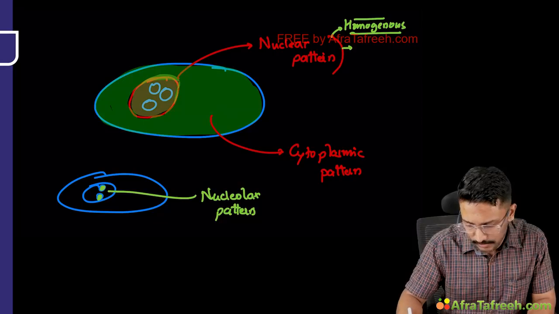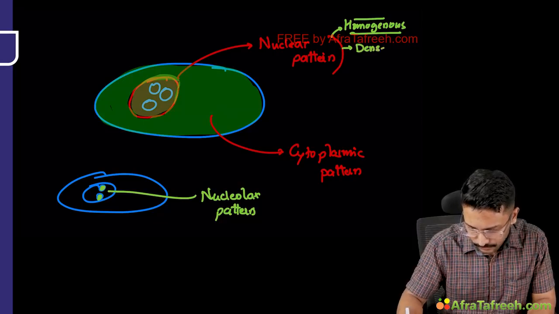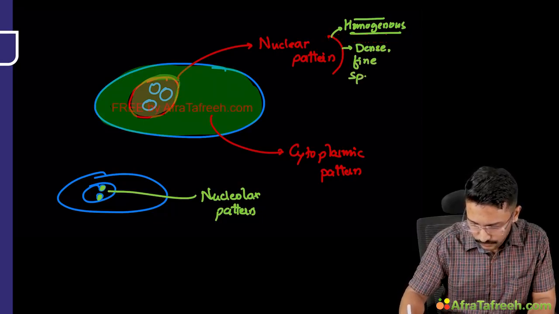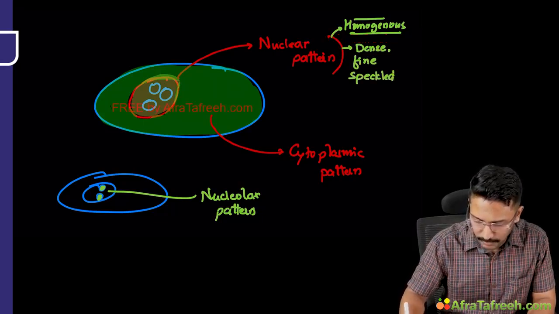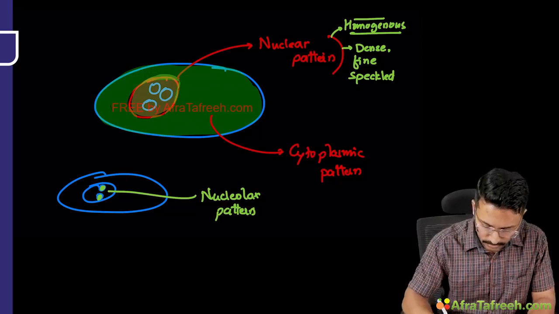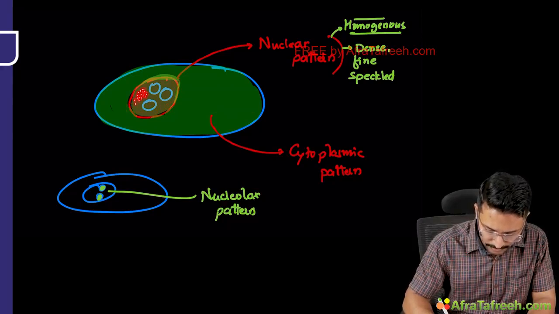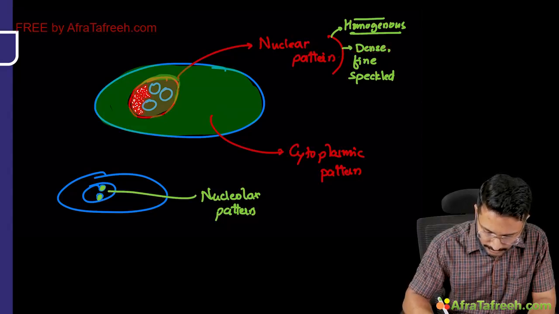Second, you can see something called dense fine speckled. So in dense fine speckled, what you will see is inside the nucleus, there are fine speckles or dot-like immunofluorescent activity, and they're all densely packed, like how I'm representing here, almost making it look like homogeneous.